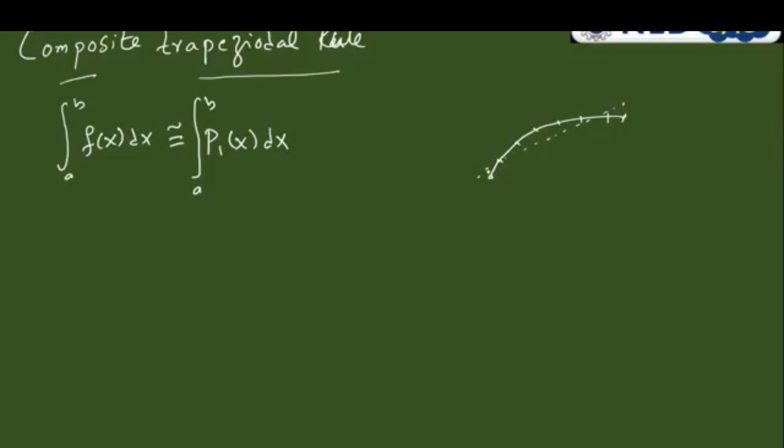For example, rather than representing this whole curve from there to there by one straight line, I can divide it into small pieces, and that's called composite. So if I divide into small pieces, I can draw a straight line between these 2 points only, and a different straight line between these 2 points.